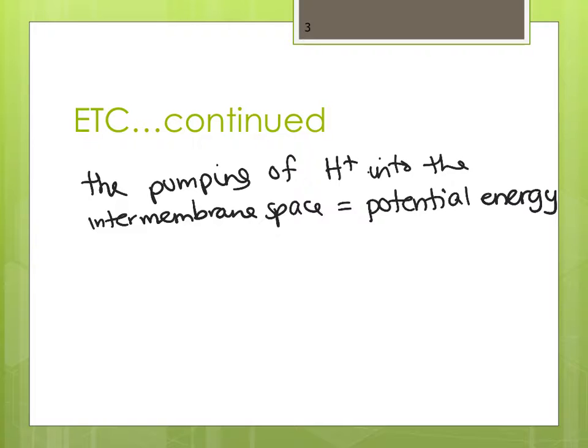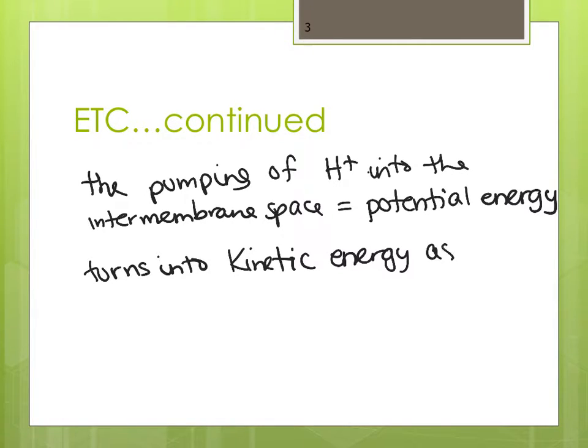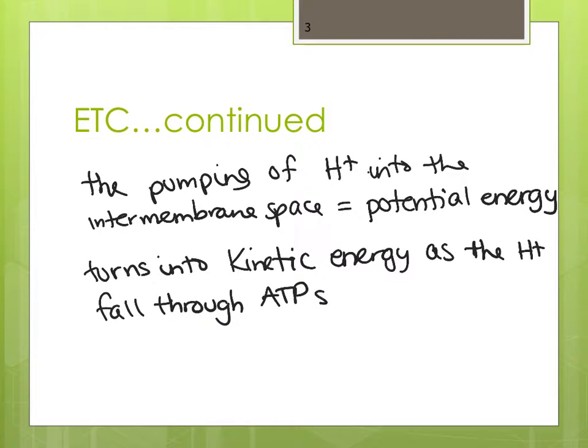What happens if we want to use potential energy? What does it become? Kinetic energy. So this potential energy is stored energy when we pump it across there. It turns into kinetic energy, which is the energy associated with its movement, as those hydrogen ions fall through the ATP synthase and make ATP.